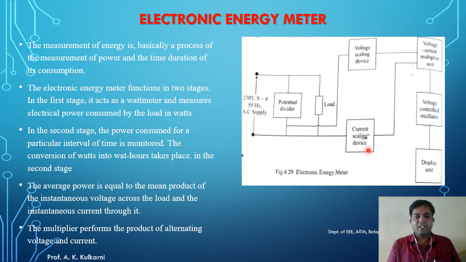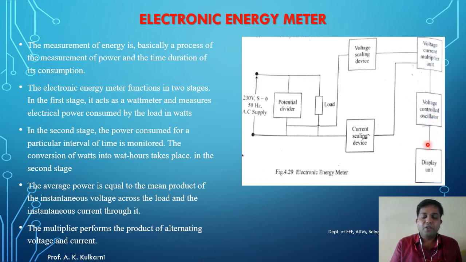So both voltage and current values are known, and they are fed to the multiplier unit. The multiplier unit combines both values, and the product is fed to the oscillator. Inside the oscillator, the analog signal is converted to a digital signal, and it is fed to the display unit.